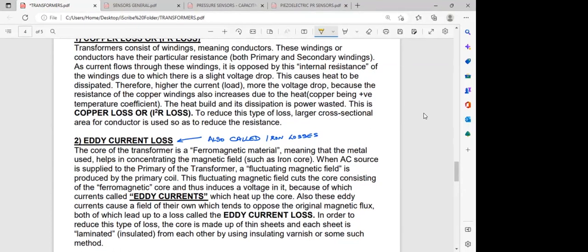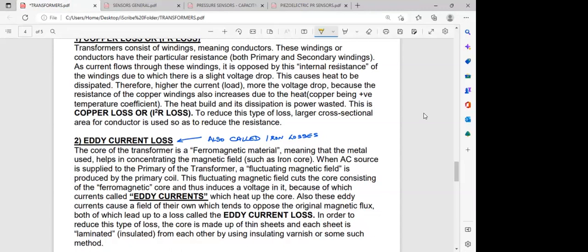That is why, instead of having a solid core, the core is cut into very thin slices, and each slice is taken and dipped in varnish and then put together to form the soft iron core. You are isolating each of these slices from the other by means of varnish or other insulating materials, generally varnish.